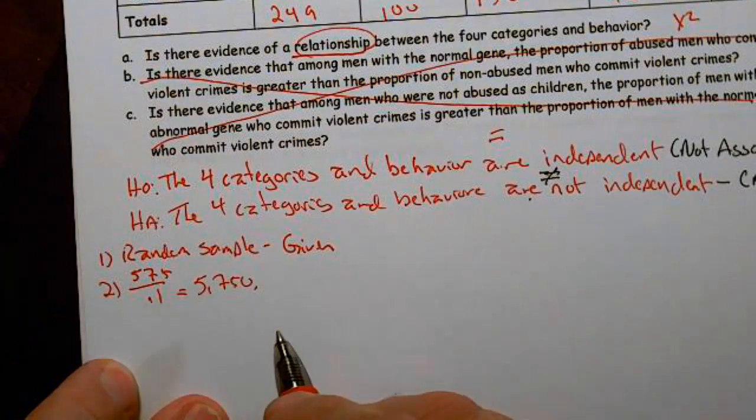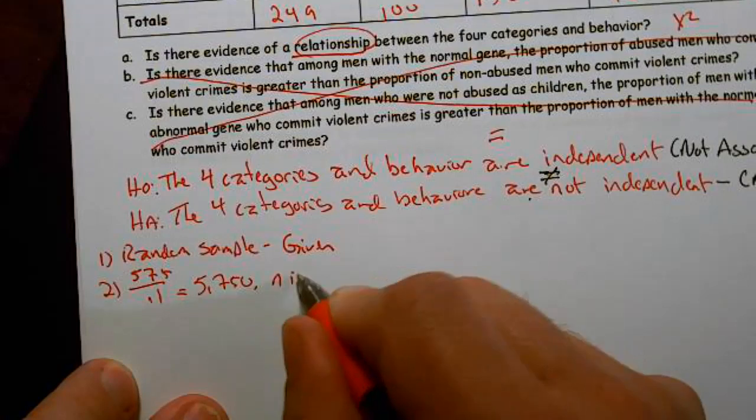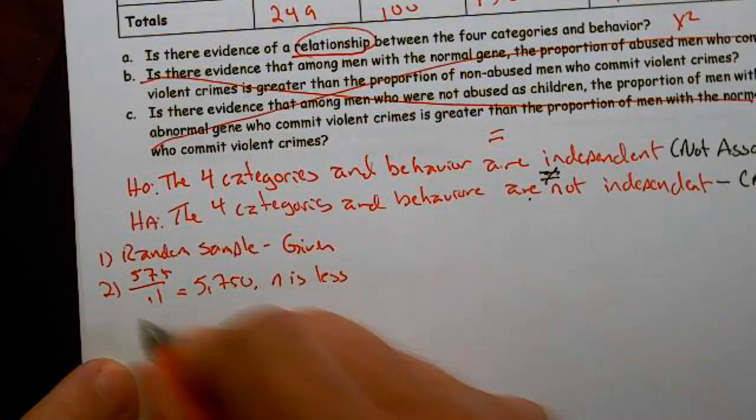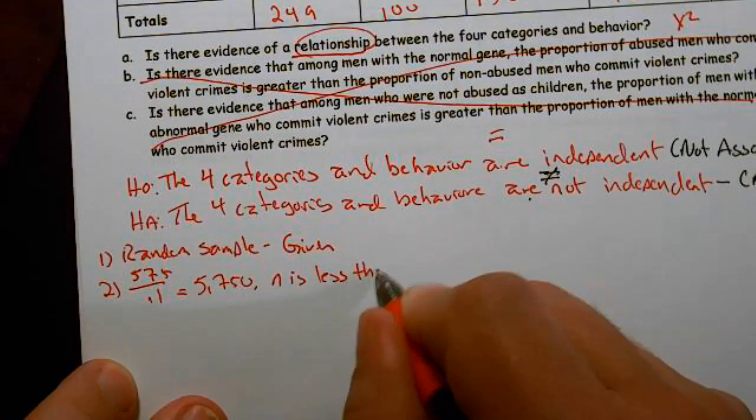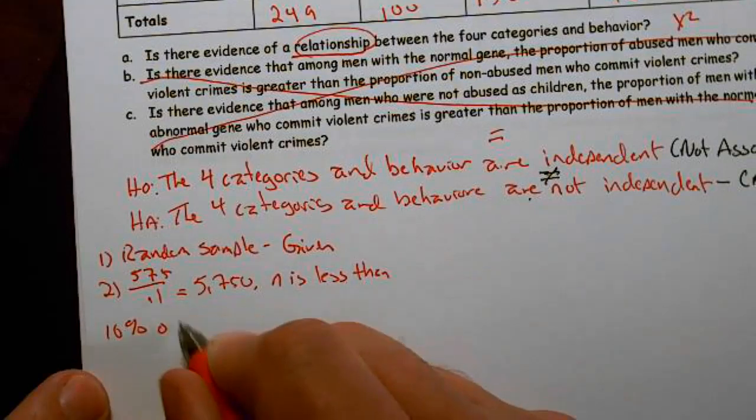I don't know if it is or not, but we're going to claim that N is less than 10% of the population.